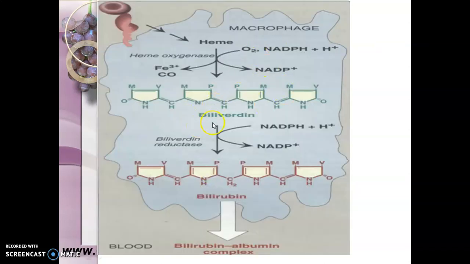Biliverdin, which is a green color compound, has to be converted to a yellow color pigment by the action of biliverdin reductase. Biliverdin is reduced as the enzyme acts on the methynyl bridge between the third and fourth pyrrole ring, thus forming bilirubin.